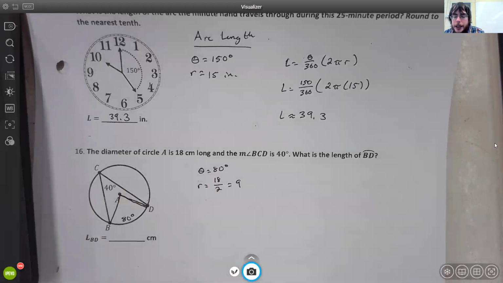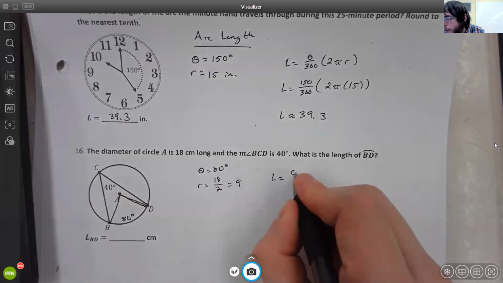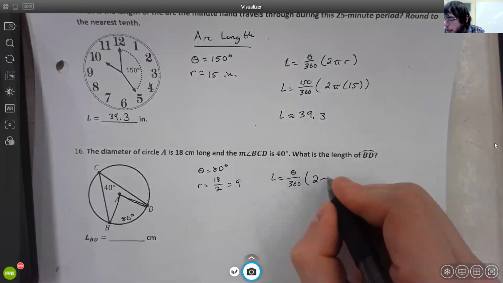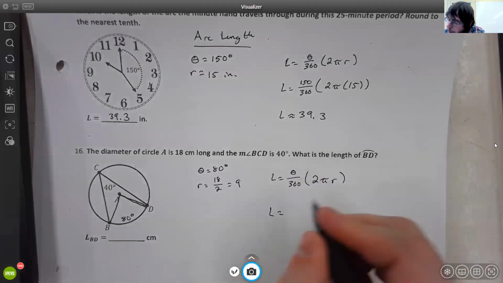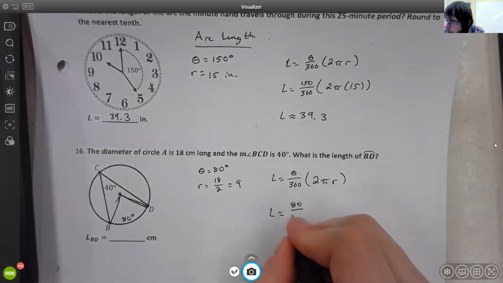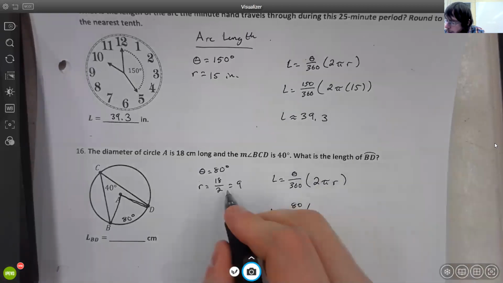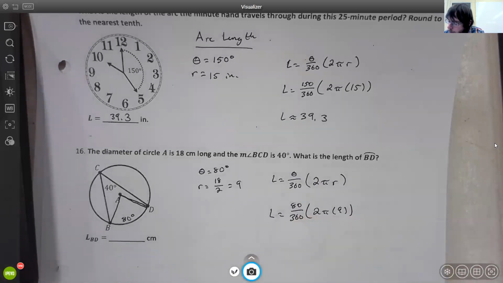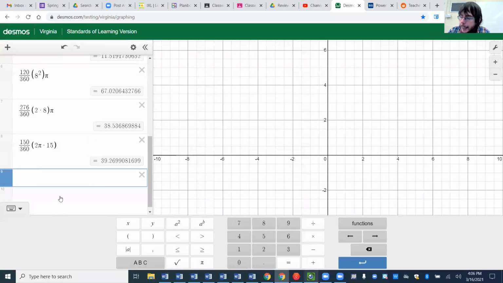And it wants to know the length of the arc. So the length of the arc is given to you by theta over 360 times 2 pi r. So theta is 80 over 360. Then we have 2 pi times 9. And now we just plug it into the calculator. I'm going to do it exact.